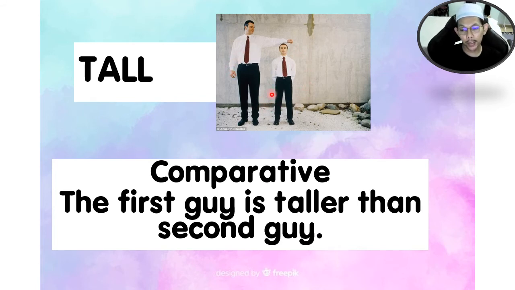This is the comparative process, because we are comparing between two nouns. So the sentence here should be: the first guy is taller than the second guy. We put er after tall because it is comparative, because we are comparing between two nouns. Got it?